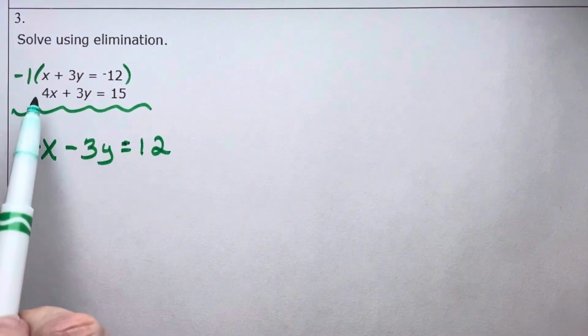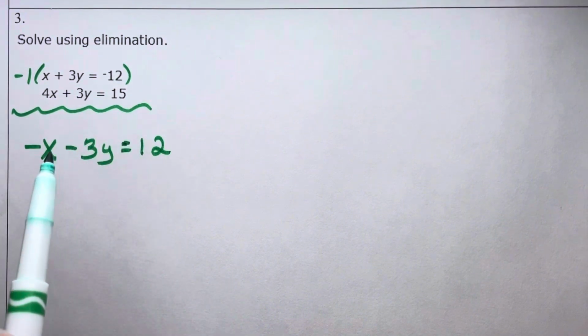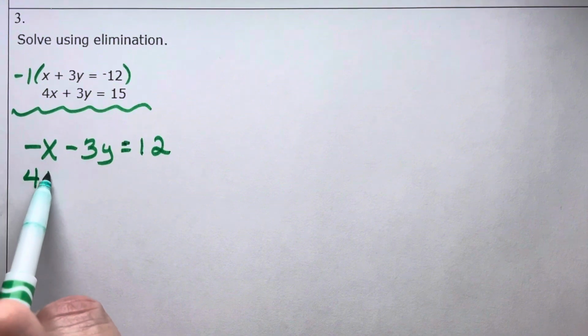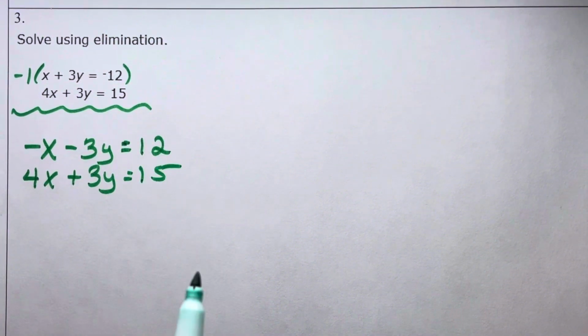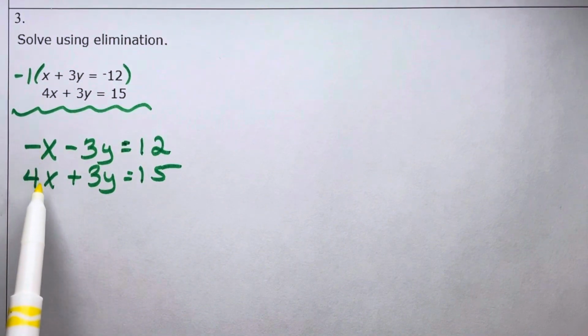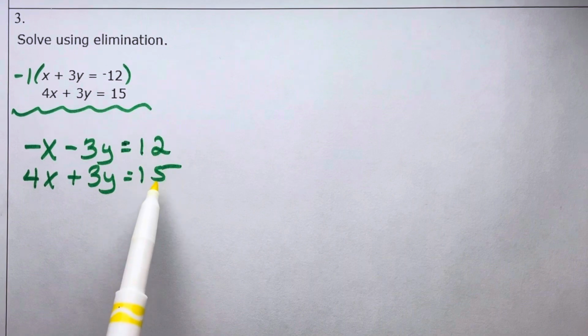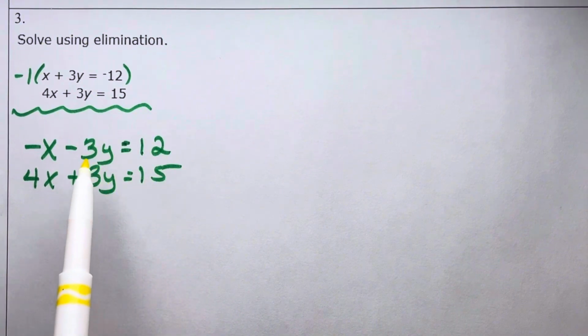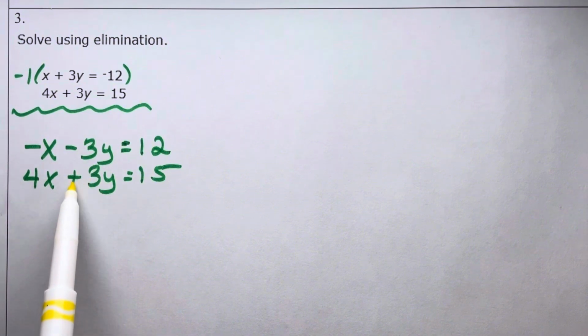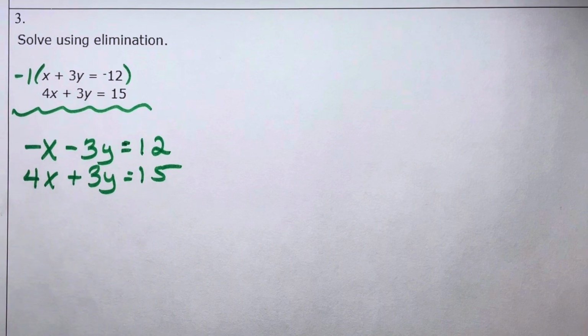And then we bring down our second original equation. I haven't adjusted it at all. So we just bring it down. Okay. So now that both of my equations are in ax plus by equals c, and I have my variable y that has the same coefficient of a 3, but one of them is positive and the other is negative, we can go forward and begin solving.